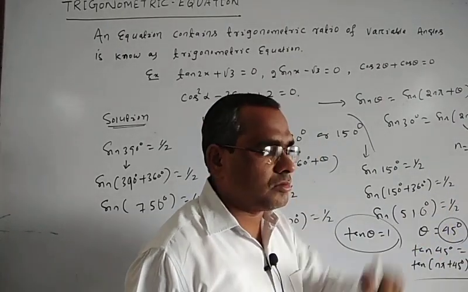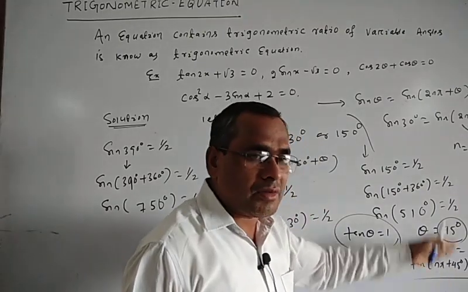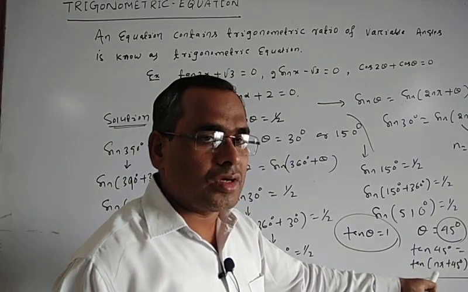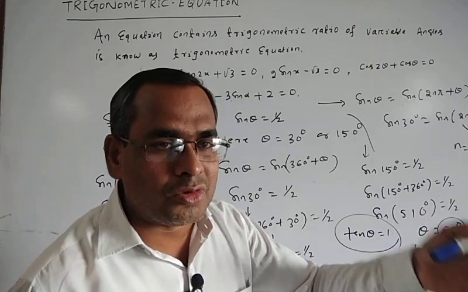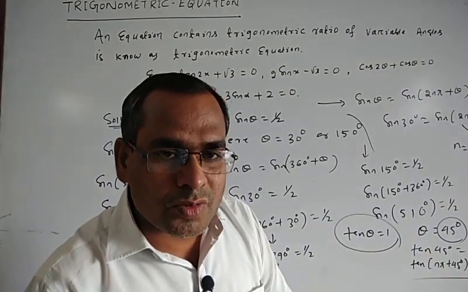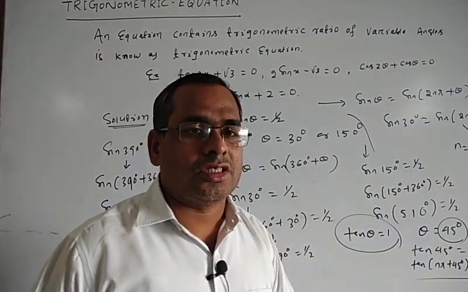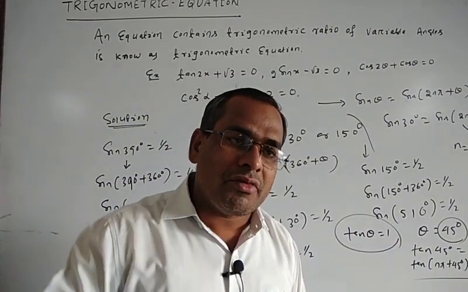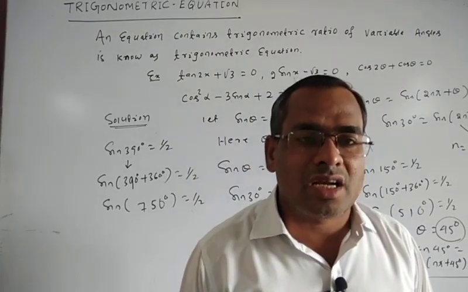So there are many values of theta, like theta is equal to n pi plus 45 degree, for n is equal to 0, 1, 2, 3, 4, 5, minus 1, minus 2, minus 3. All these values of theta are known as the solution of tan theta is equal to 1. So every trigonometric equation has many or infinitely many solutions.